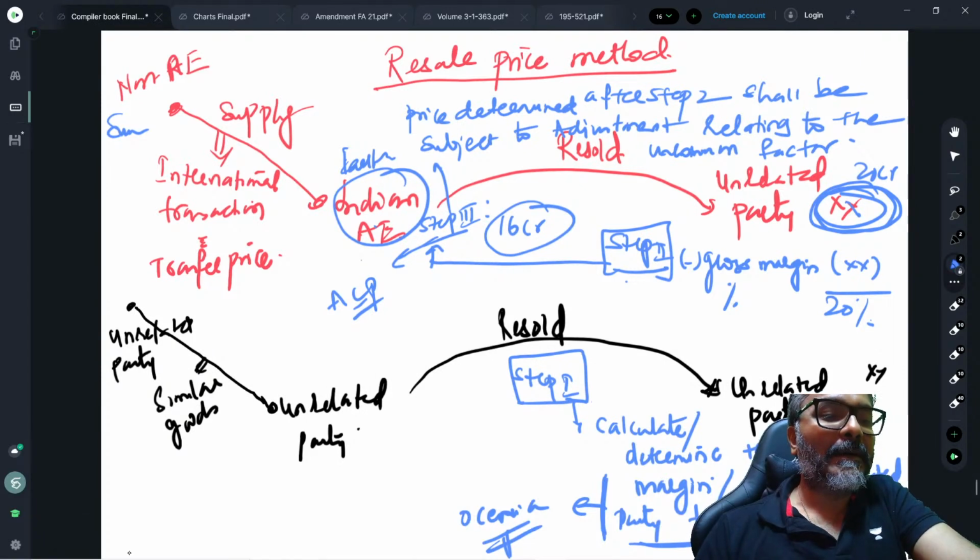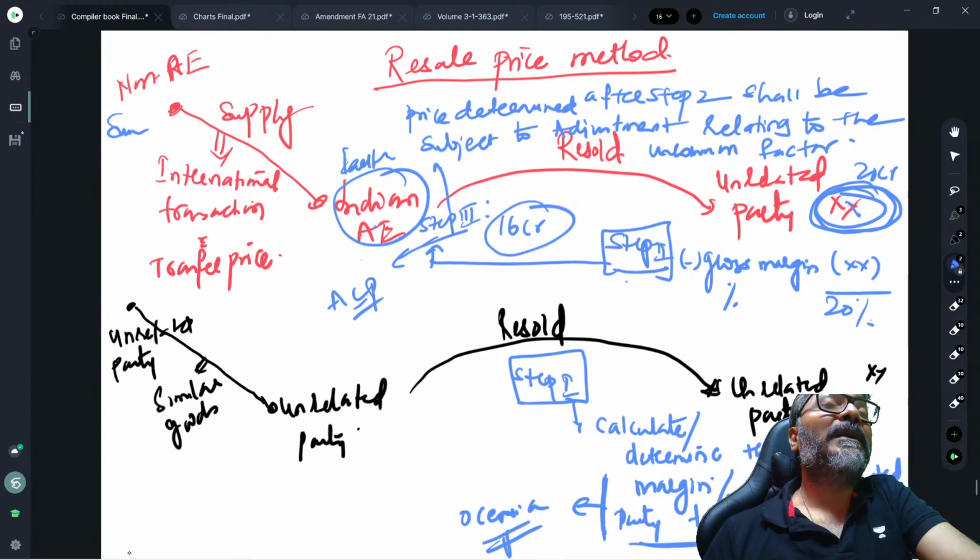Isn't it? And now from that 16 crores, I will do the adjustment relating to the uncommon factor between the two transactions in such a way that whatever price arrives after the adjustment will align to the factors which are there in the international transaction.